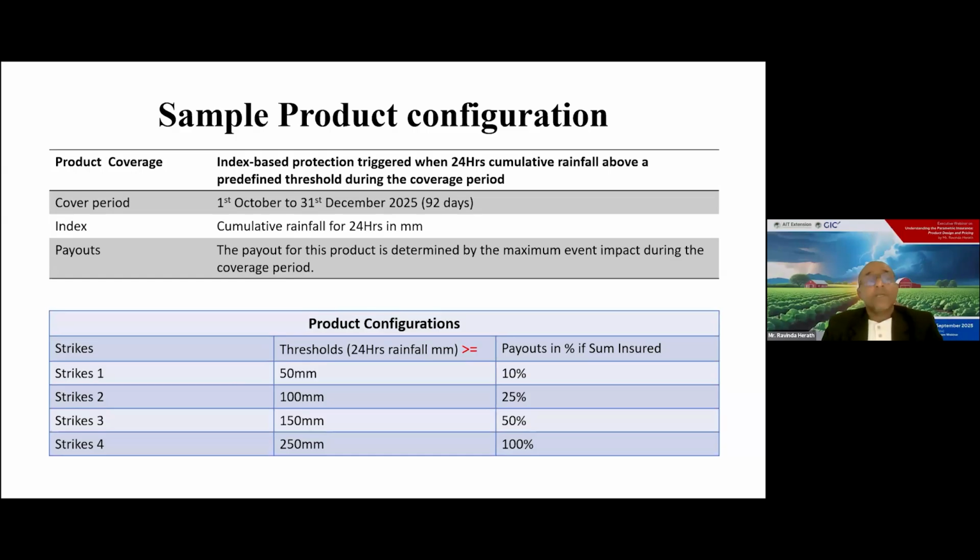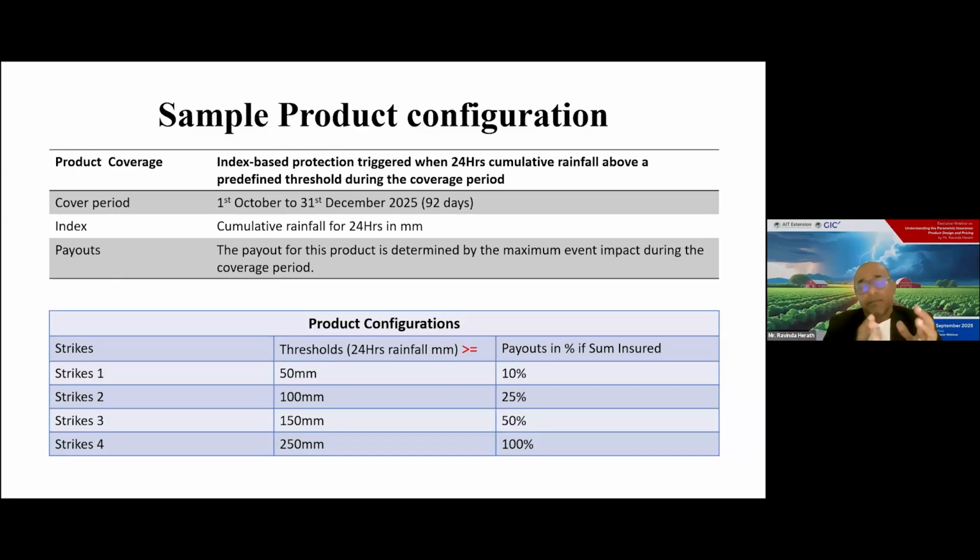The index is already mentioned: cumulative rainfall for 24 hours. The payout here is very important, because in product configurations, some products are designed so that the payout is made only for the maximum event. Suppose during this cover period many triggers occurred.